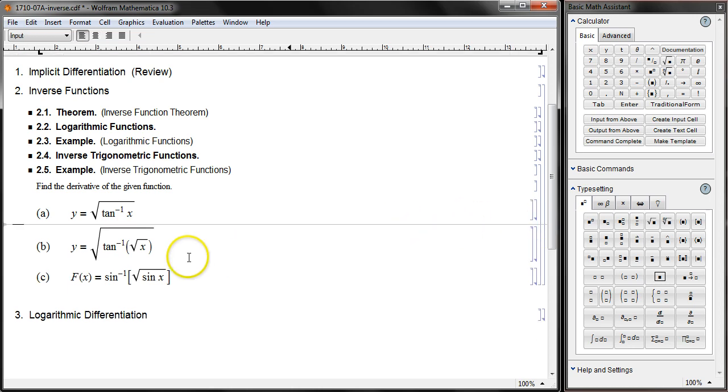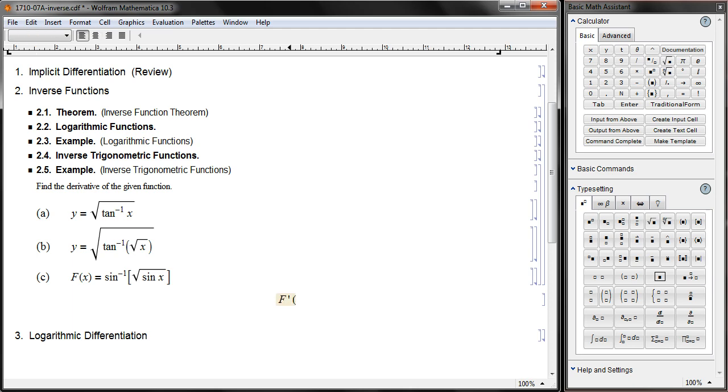How about the next problem here? Is this really worthy? No, not really, particularly considering that we already did arctangent. So let's do this one. Arcsine and square root of sine. Let's see, f prime of x. How does that thing work? Outer function first. 1 over square root of 1 minus.